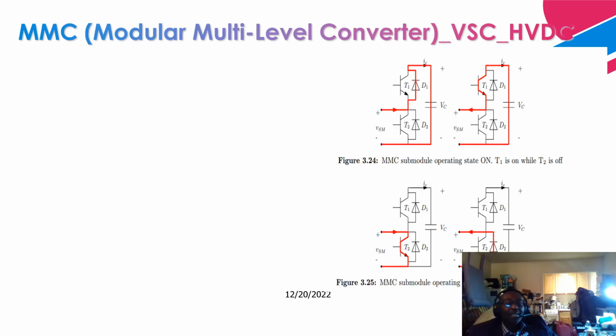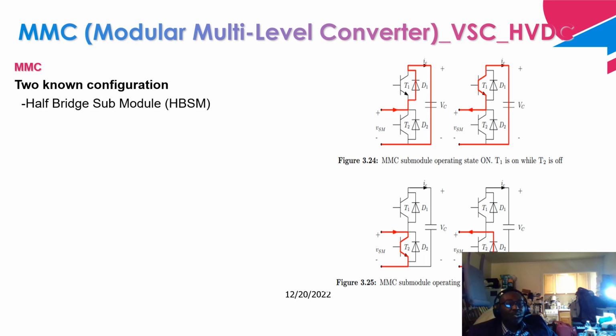Next is an explanation of our modular multi-level converter, how they look like, right? Okay, so the 2 known configurations that we have, like I made mention, are a half-bridge submodule and a full-bridge submodule. And we also have a hybrid combination of a half-bridge submodule and a full-bridge submodule, right?